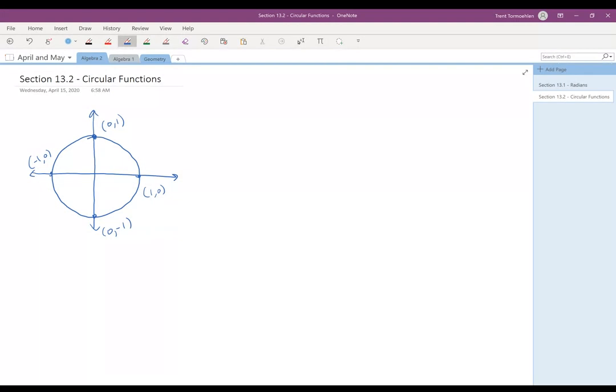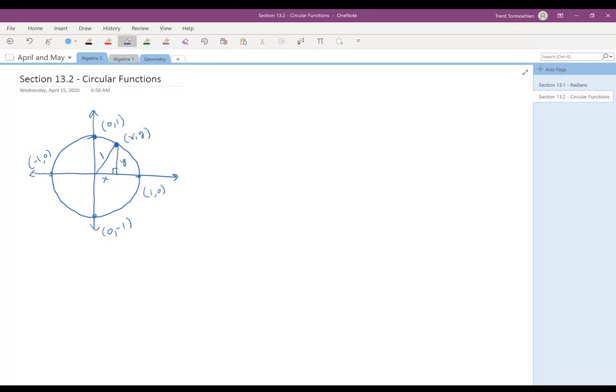And when we use the unit circle like that, we know that any point on here, if this is x and y, then when we draw in a right triangle so that we can start thinking in terms of trigonometry, this is x, this is y, and this is 1.